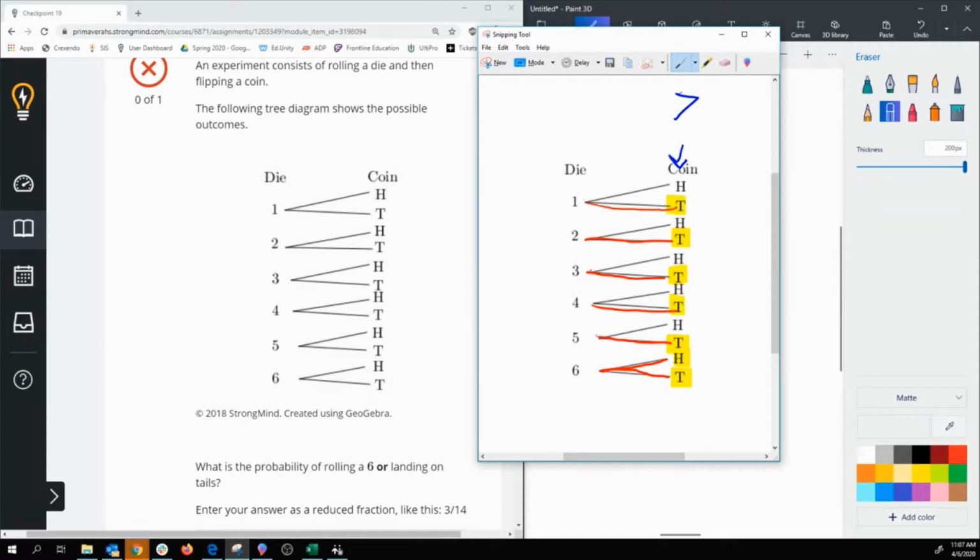I'm just counting all the number of tails and heads. 12, thank you. Yep. So that means I would have a 7 out of 12 chance of rolling a 6 or landing on tails. And 7 over 12 I can't simplify, so that would just be my answer, 7 over 12.